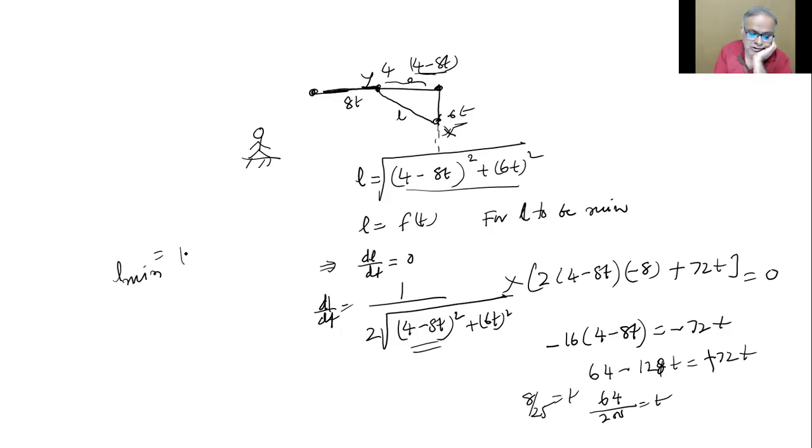L minimum equals 4 minus 8 into 8 by 25 whole square plus 6 into 8 by 25 square. We'll get something.